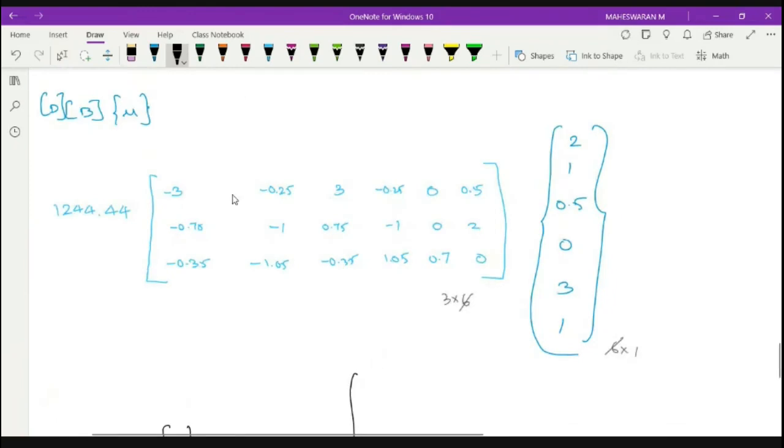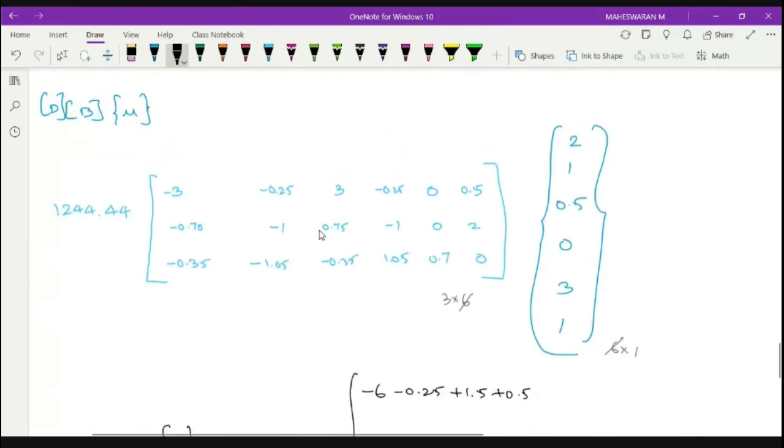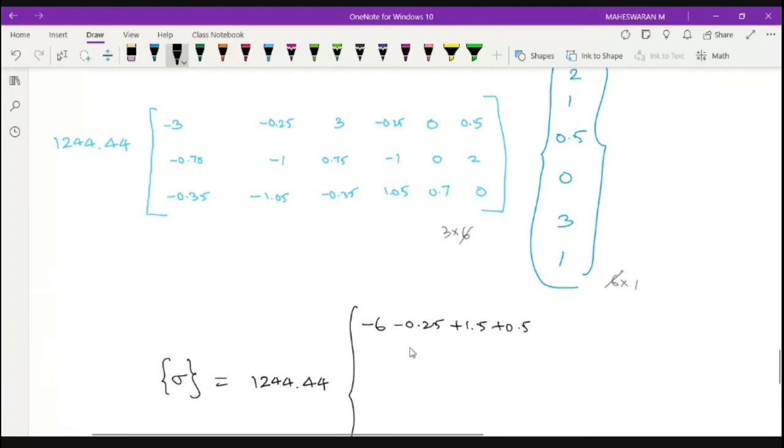So minus 3 into 2, minus 6, 0.25 into 1, minus 0.25, 3 into 0.5, so it is 1.5, so plus 1.5, this into 0, this into 0, and this is 0.5, plus 0.5, right? Similarly, the second one, minus 3, 0.75 into 2, so it is minus 1.5.